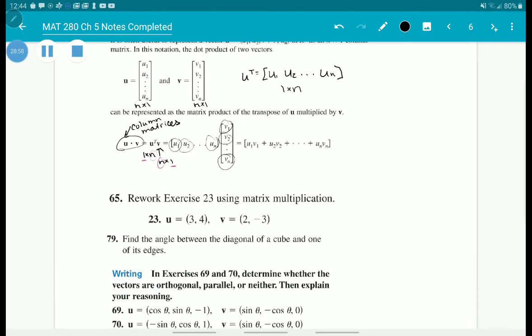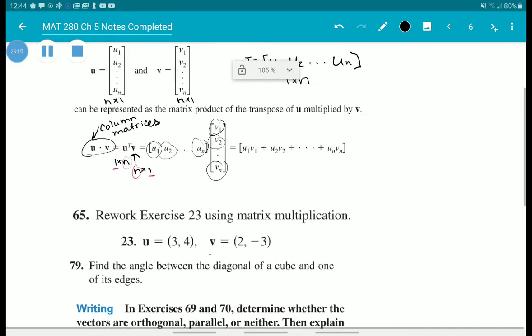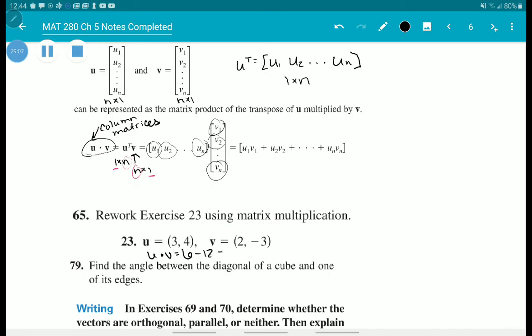So let's look at 23. Now we know what the dot product is going to be just by applying our definition of a dot product, but I want to use that idea of matrix multiplication to view that. So we can view u as a row vector, and we can view v as a column vector.